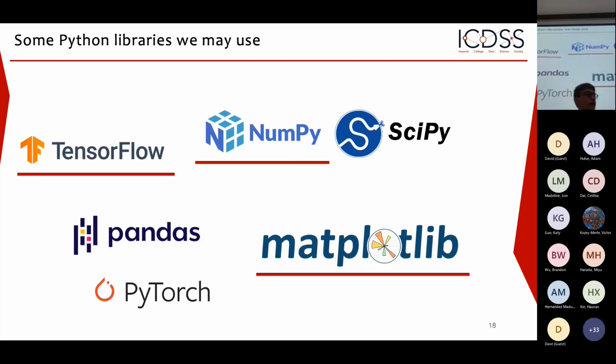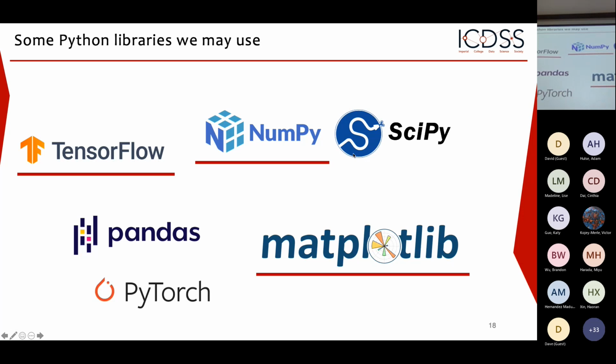Any question? Okay, we're going to work with these libraries. At least these were the ones that came to my mind. There might be other surprises. We have TensorFlow, which is used for machine learning. We have Matplotlib, which is used to make pretty plots. We have SciPy and NumPy. Is there a difference between these two?